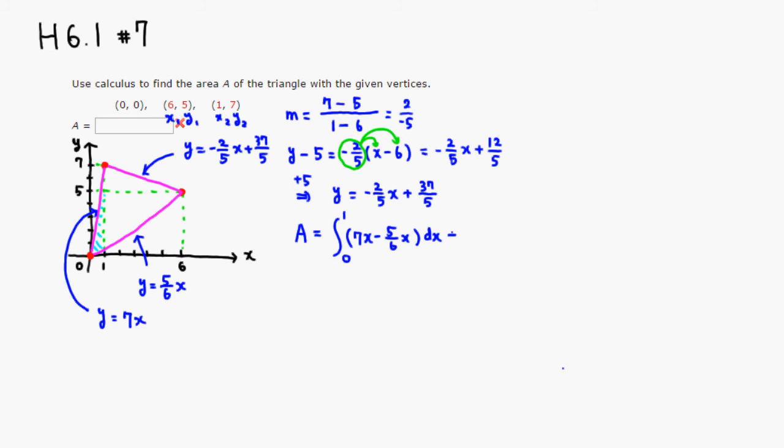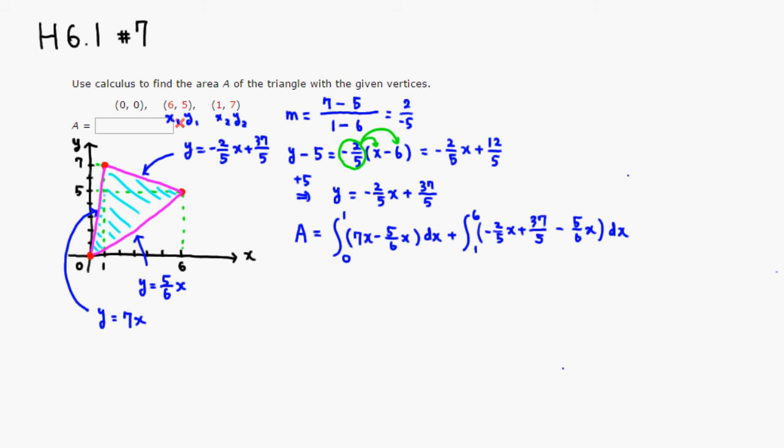And plus, you're going to have to go from 1 to 6. So this is the region we're looking at. The top guy is negative 2/5 x plus 37 over 5, and then you're subtracting 5 over 6 x, with respect to x.